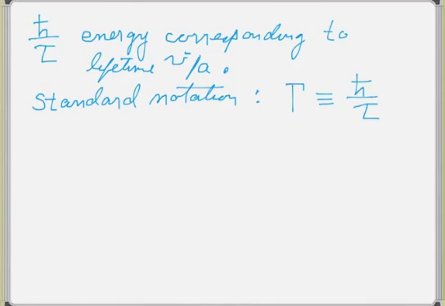So whatever lifetime you're interested in, whether it could be a scattering lifetime, the lifetime you're spending on a site, your resonant lifetime, the energy associated with that lifetime, h bar divided by the lifetime, is always gamma. That's the general symbol people use to denote an energy that represents a finite lifetime.